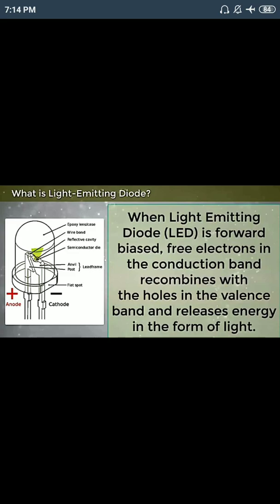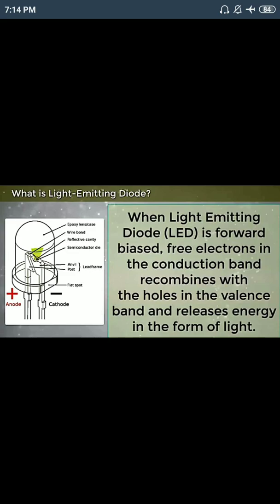That is h nu in the form of photons, and we know that light consists of photon particles. When the photons are ejected from the conduction band, we see that light is emitted from the diode. That's why the LED glows. In this way, the LED works. We will also discuss it in detail later.